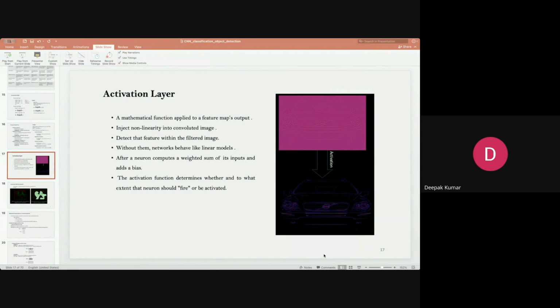Now the second question comes to the dimension. People experiment with different dimensions; the most popular is 3 by 3 kernels, and they also experiment with 5 by 5 and 7 by 7. If we increase the size of the kernels, there is a chance we start missing minor information.